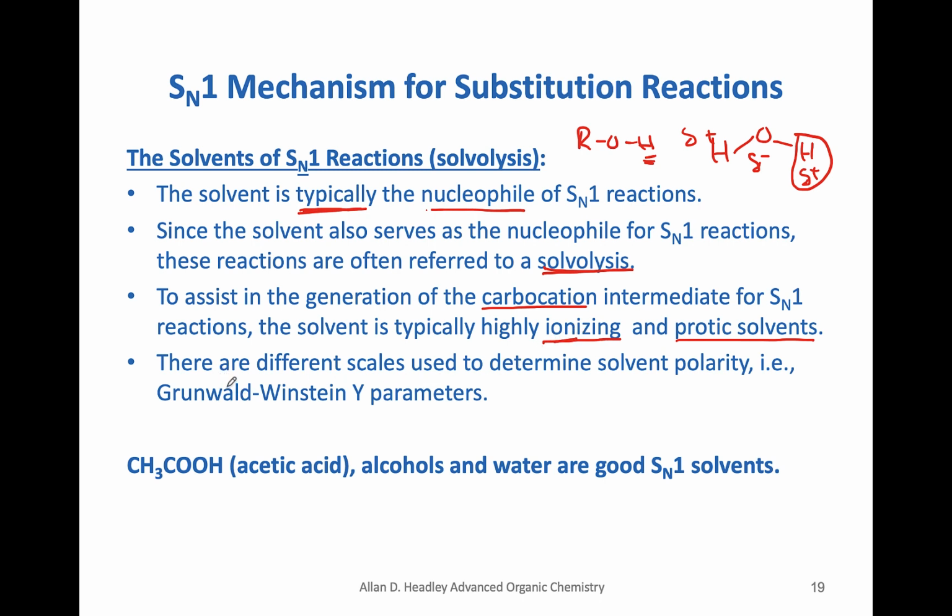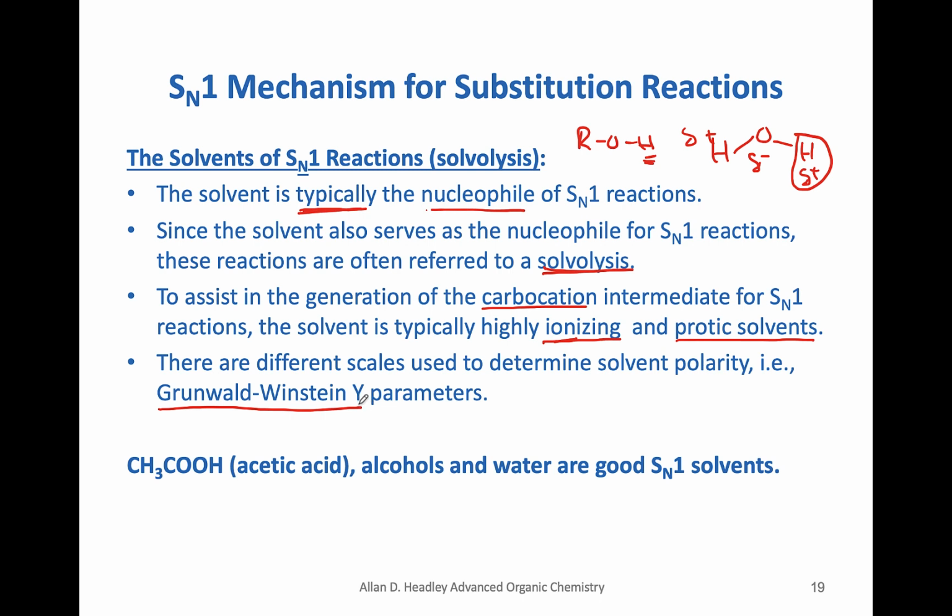As you can imagine, which solvent is the best solvent is a good question, and there are different scales, and there's one in the textbook, the Winstein Y scale, that gives an idea of the solvent polarity and solvent ionizing potential of different solvents.